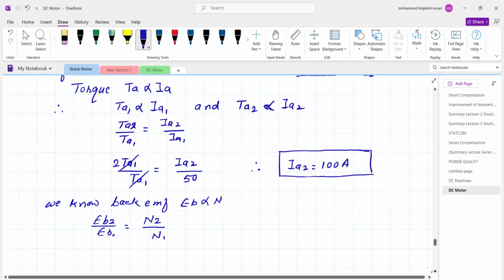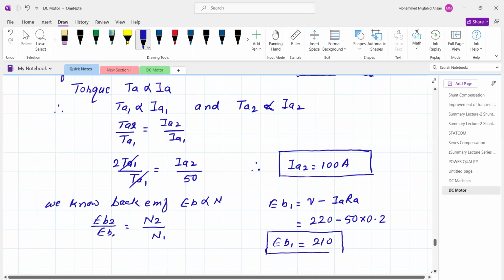Now, what is the back EMF in the first case? EB1 is equal to V minus IA into RA, which is 220 volt supply voltage minus 50 into 0.2. Therefore, the back EMF EB1 is equal to 210 volt. This is the back EMF in the initial condition.